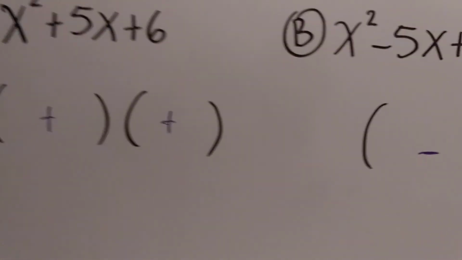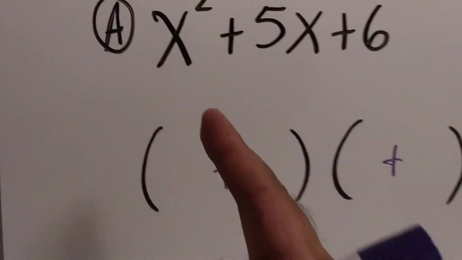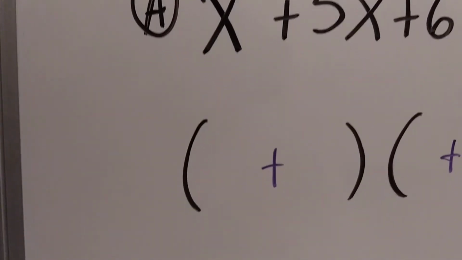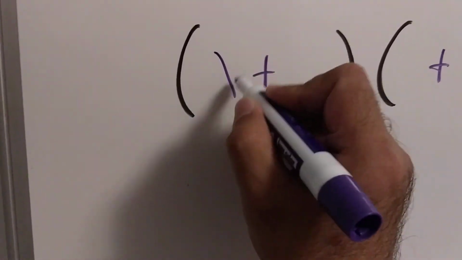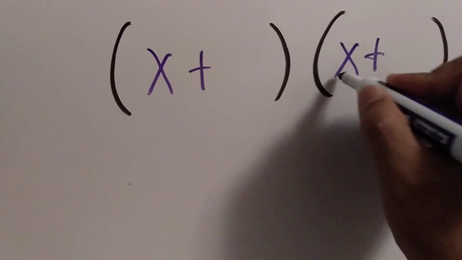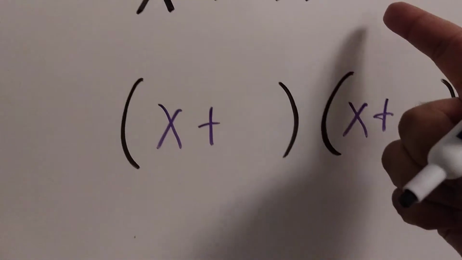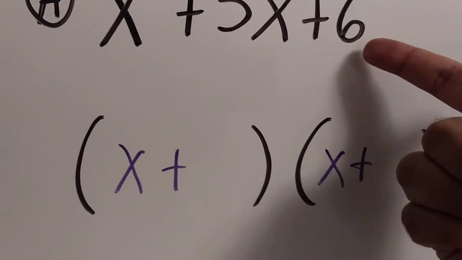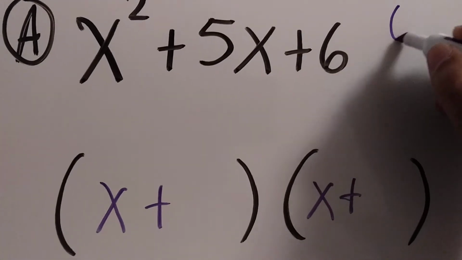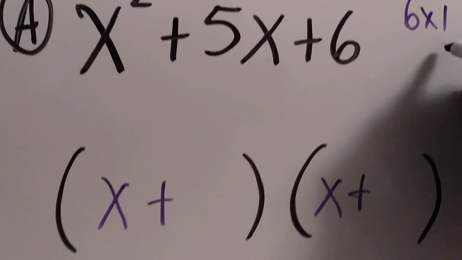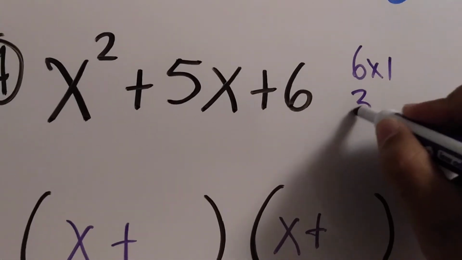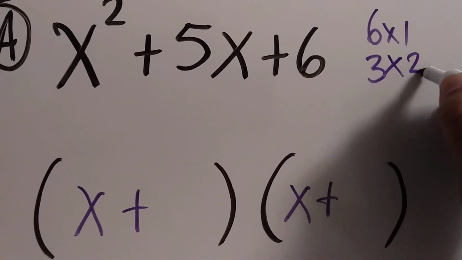Okay, so now on the first one, we said that given that it's x to the second, we're going to split it evenly. So there's an x and then x. And we said that the ways to multiply into 6 are either 6 times 1 or 3 times 2.